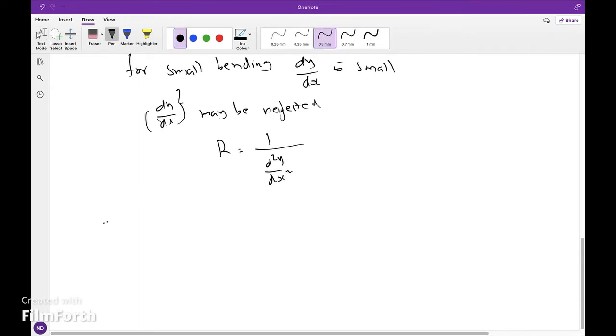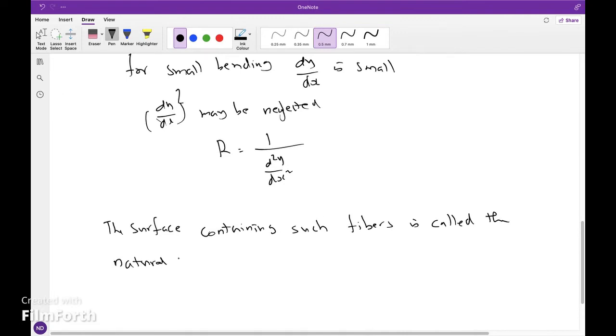The surface containing such fibers is called the neutral surface of the beam.